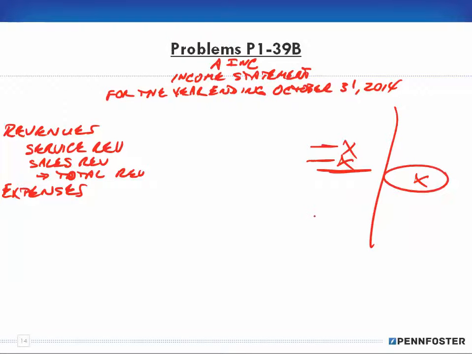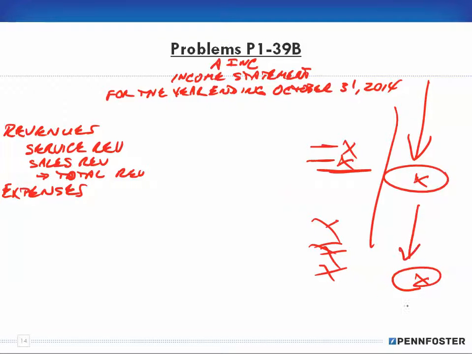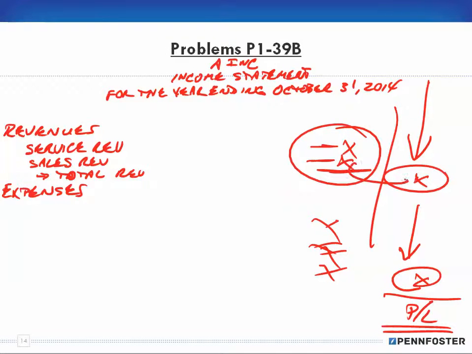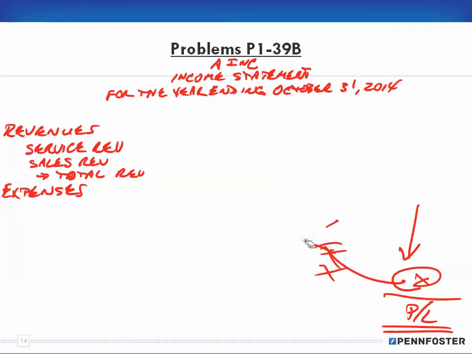This here is my total revenue, and I would do the same thing down here, which is what we have to do for our expenses, and I would have my total expenses here. So when I'm looking in this column, I see revenues less my expenses to give me my profit or loss. And these calculations support this number, and these calculations support this number, and that's why they're 1 column to the left.